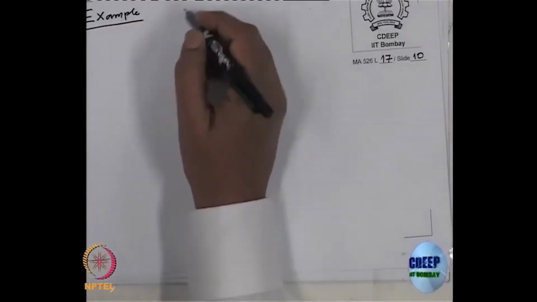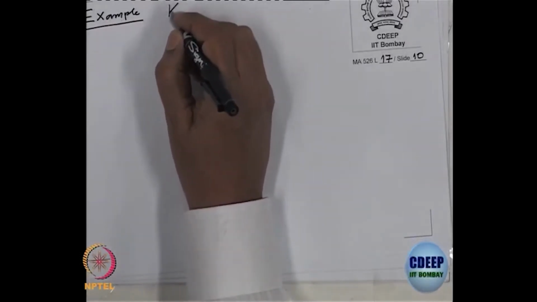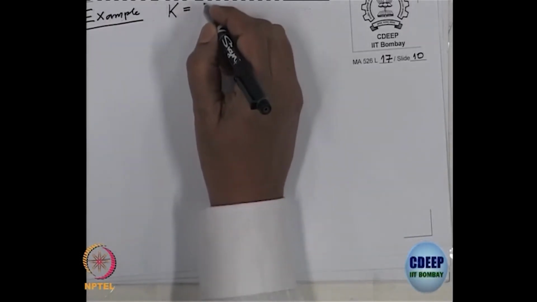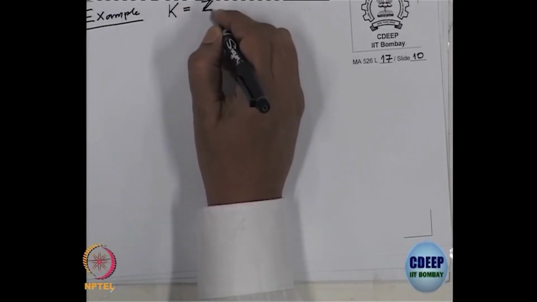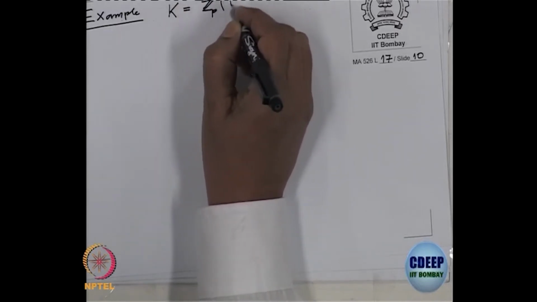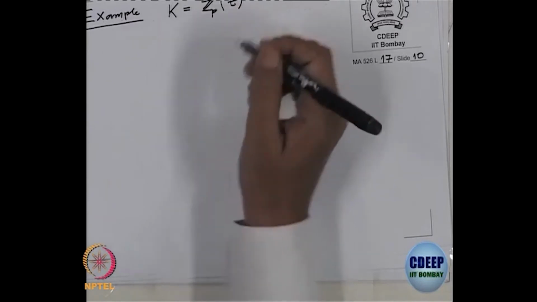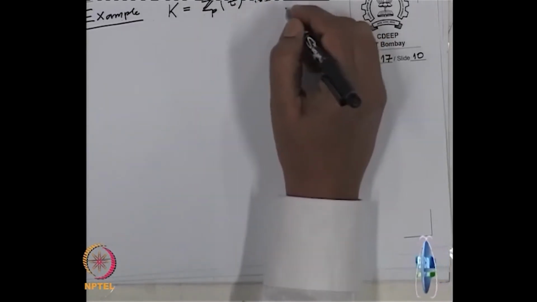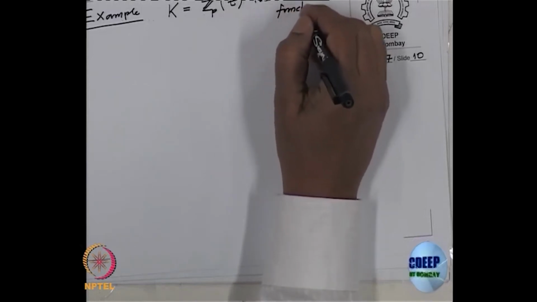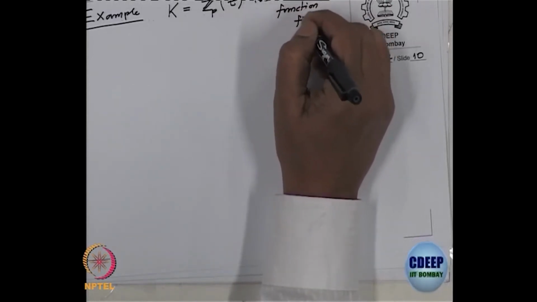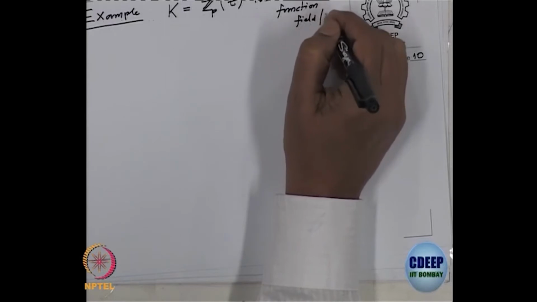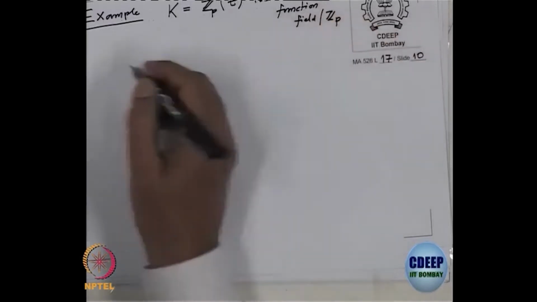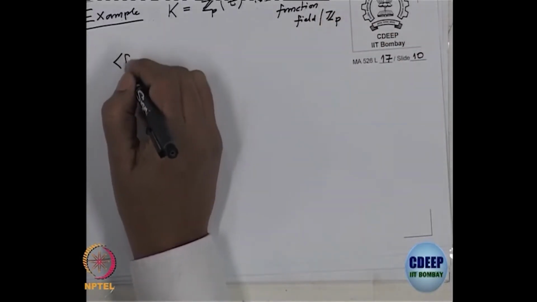Let us take K to be the prime field Z mod p and the rational function field in one variable over Z mod p, and let me take only one polynomial f.